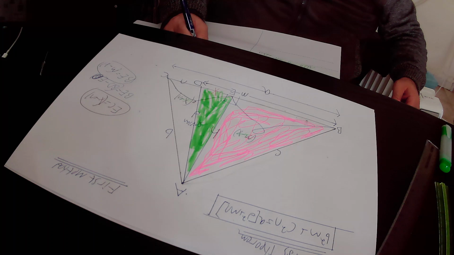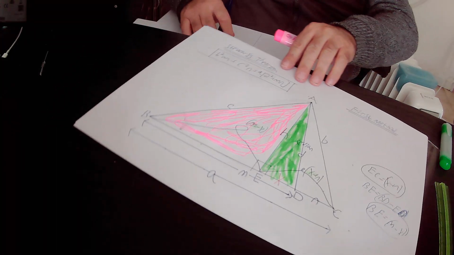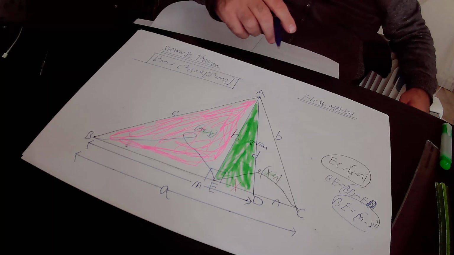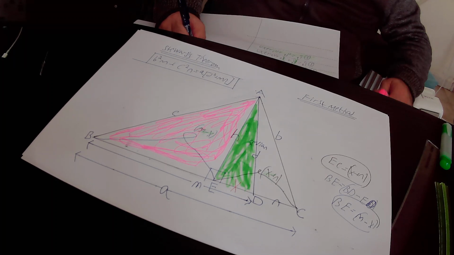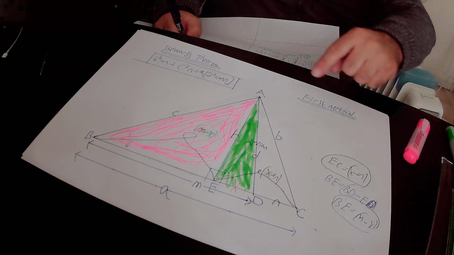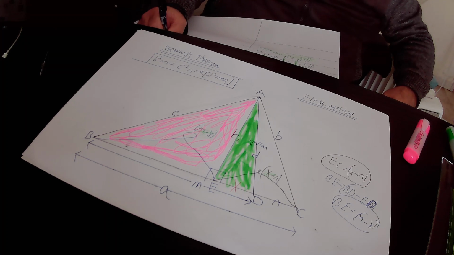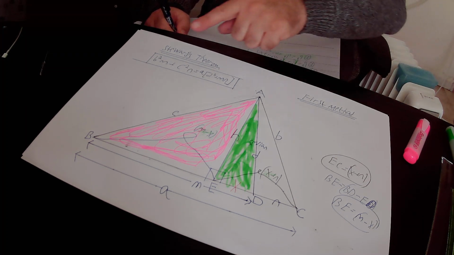So on the right pink triangle AEB, according to the Pythagoras theorem, AB squared equals AE squared plus BE squared.